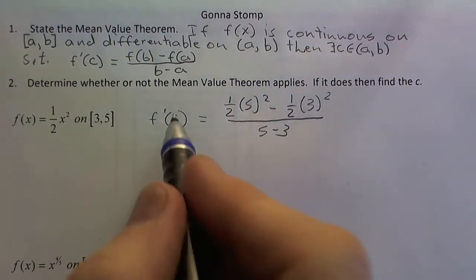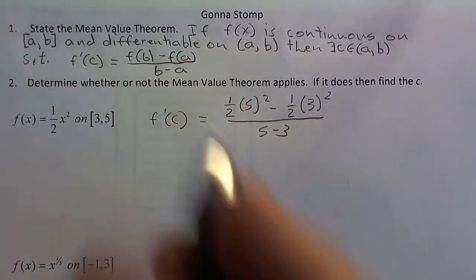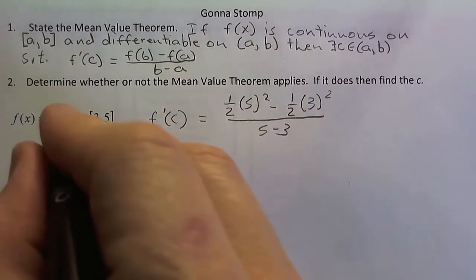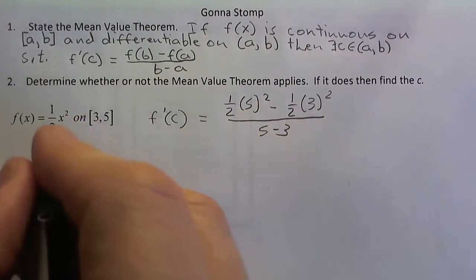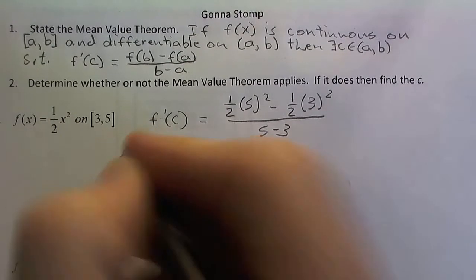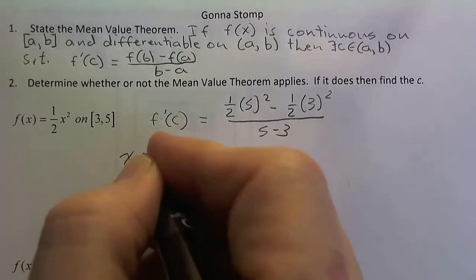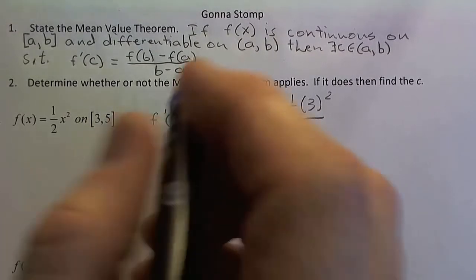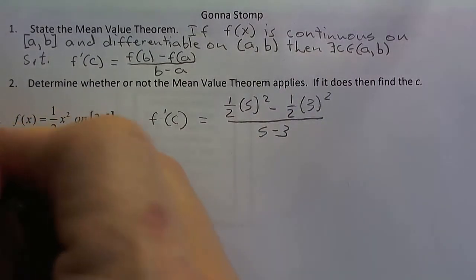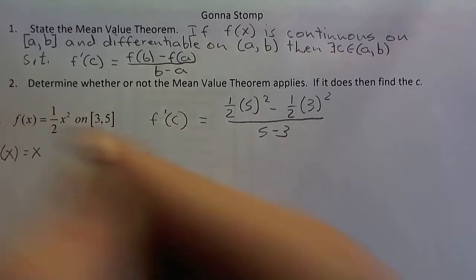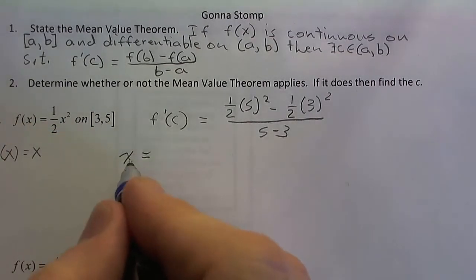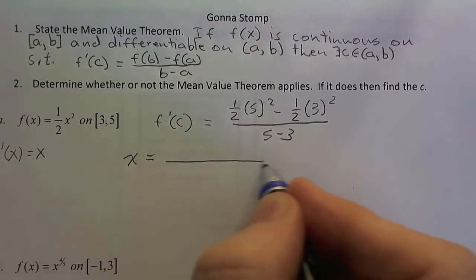Now, in place of f prime of c, let me go ahead and put the derivative. And the derivative is x. So that's pretty easy. So f prime of x is equal to x. So we're basically just plugging into this thing.